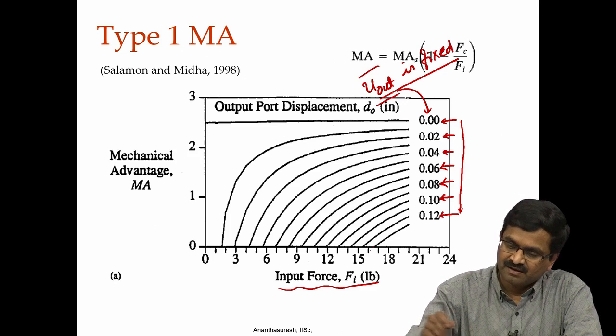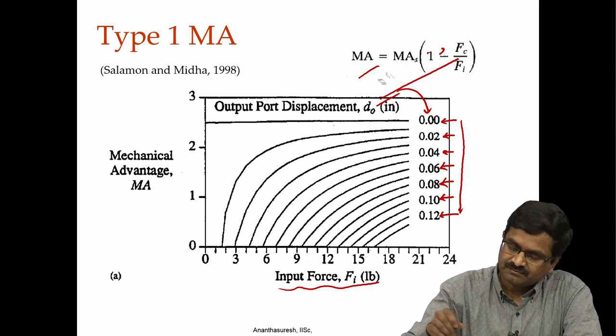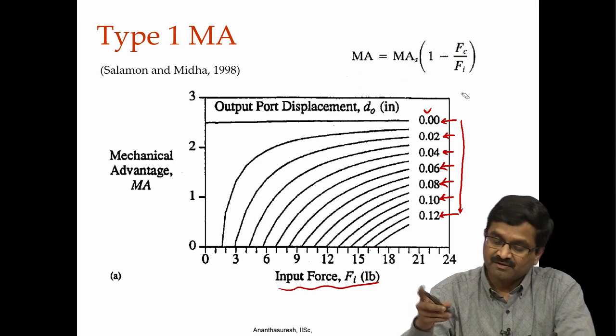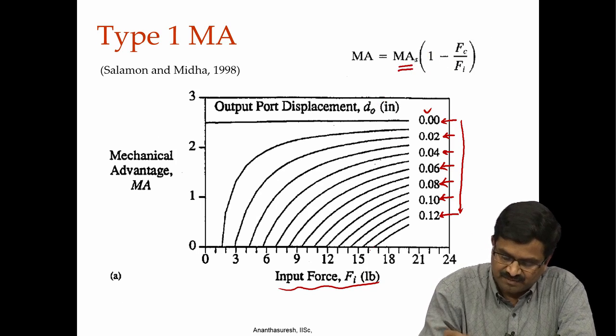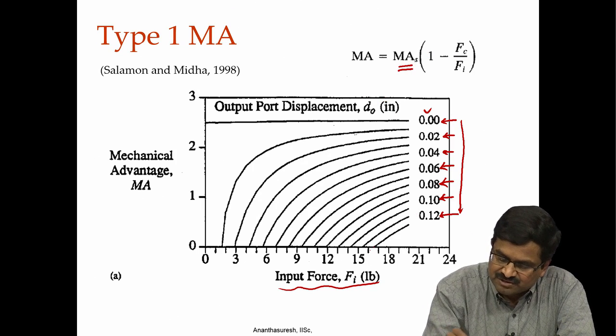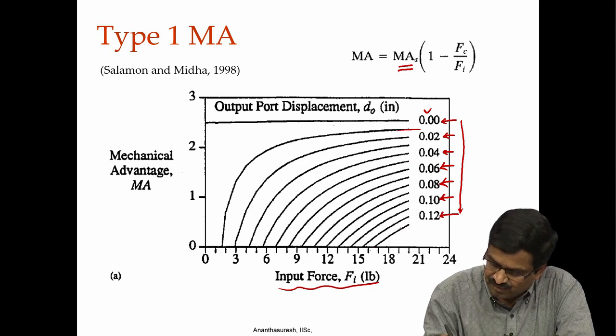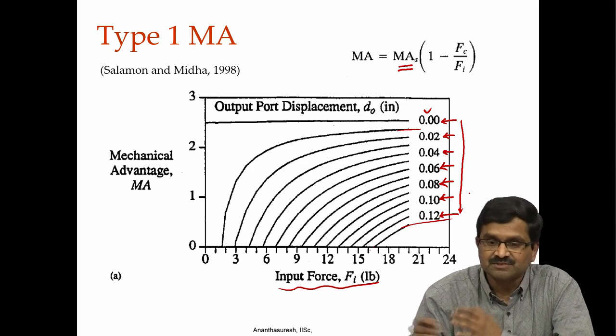In fact, what Solomon and Meader's paper gives is that you can write it as there is a limiting mechanical advantage, that is MAS, all of them are going to, like this one has gone asymptotically, if you extend far enough they are all going to some value.